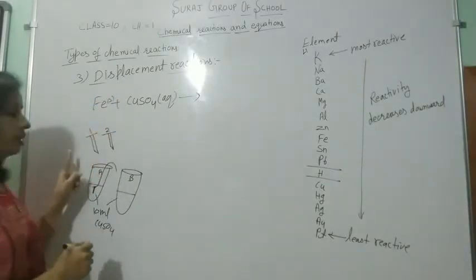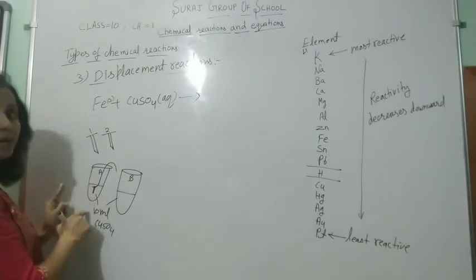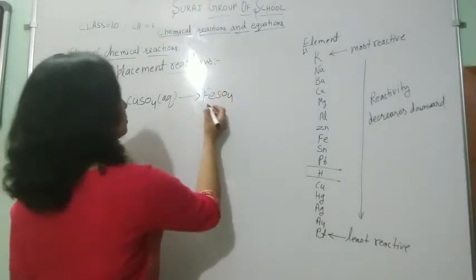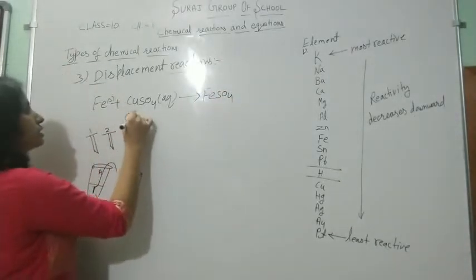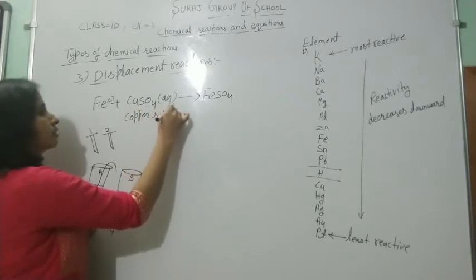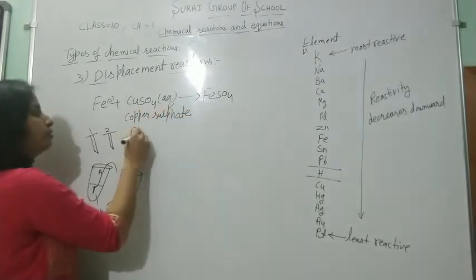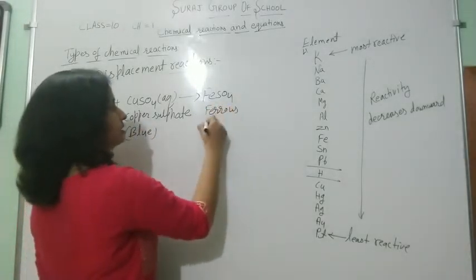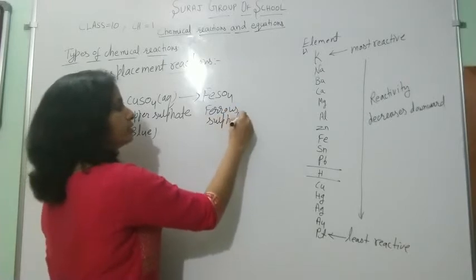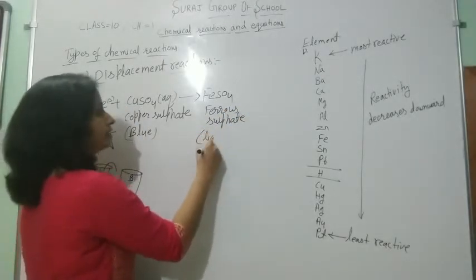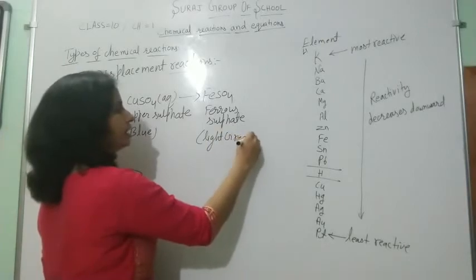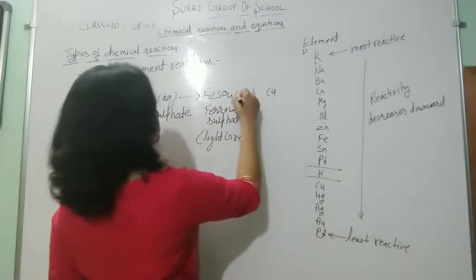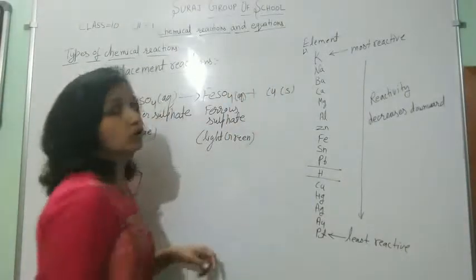We put the first iron nail in test tube A. After some time, we observe that a compound is formed: this is copper sulfate, blue in color, and this is ferrous sulfate, light green in color, and along with this copper is also formed.